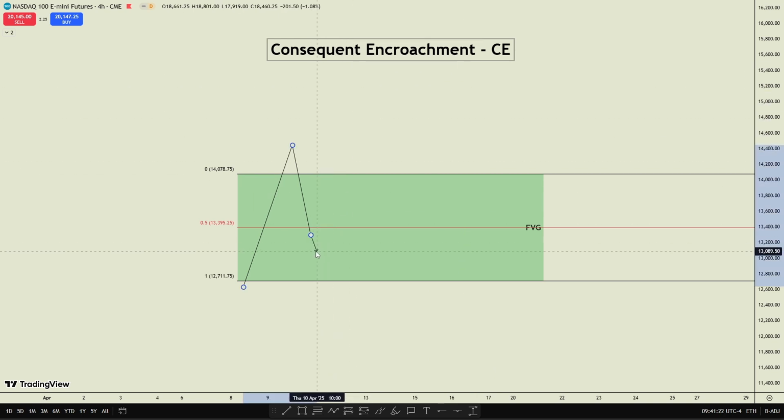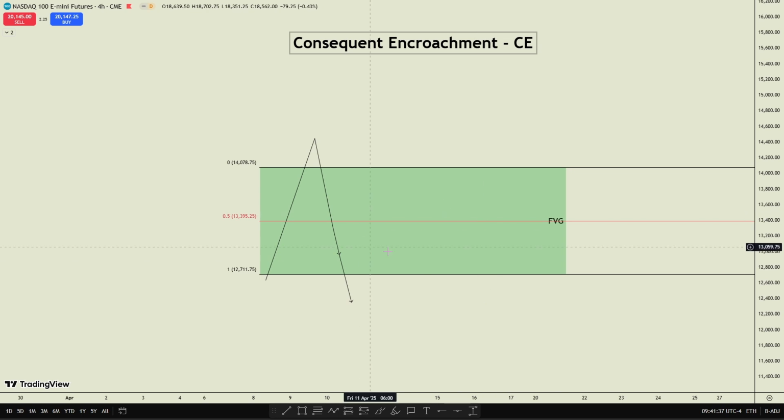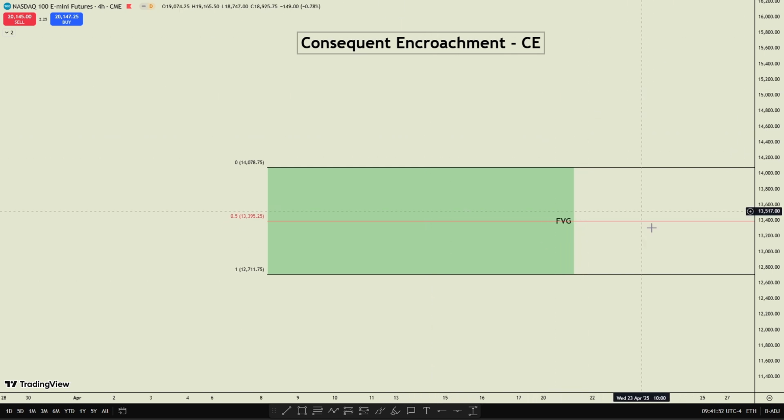However, if we start getting closures below consequent encroachment, now you can start anticipating a potential reversal through this fair value gap, closure below it, to find shorting opportunities for an inversion fair value gap. So I use consequent encroachment to anticipate whether the markets are going to keep respecting the fair value gap or end up inversing it.